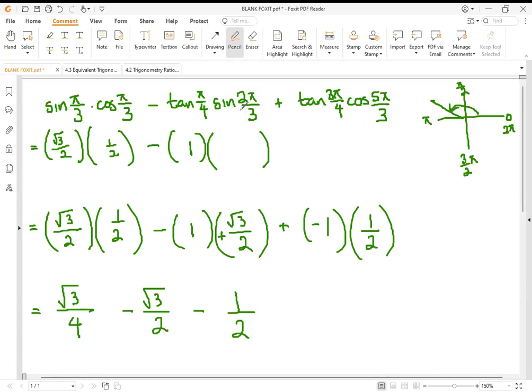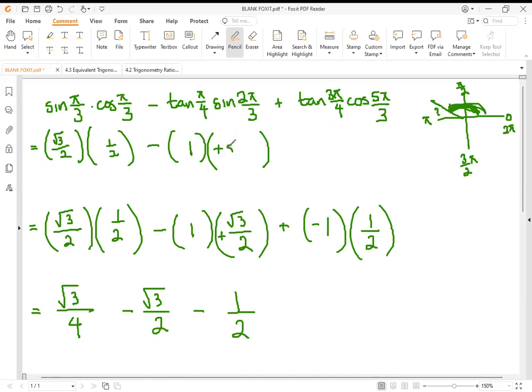This is quadrant 2, which means what? It's CAST rule. It's going to be a positive value. Next, if this is 2 pi over 3, what's that? Fractions, it's a little annoying, I know. But if you do 180 degrees minus 120 degrees, you would get 60.